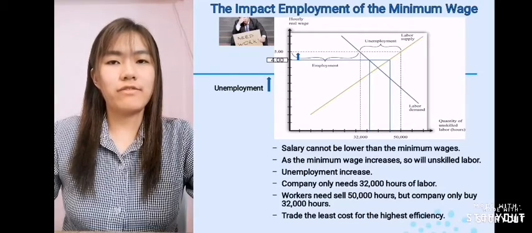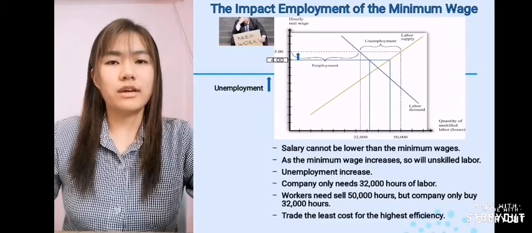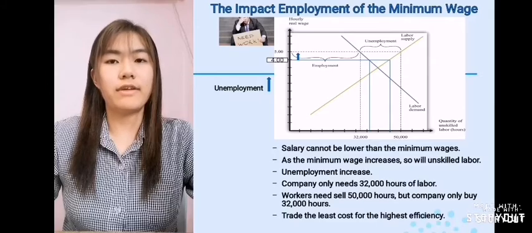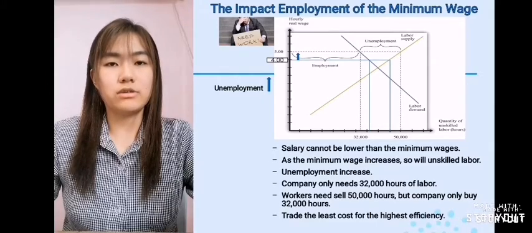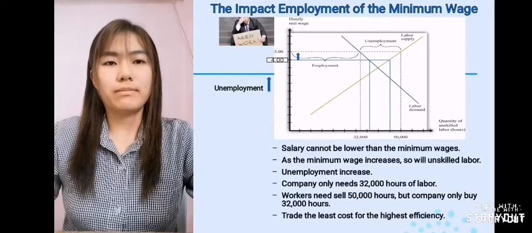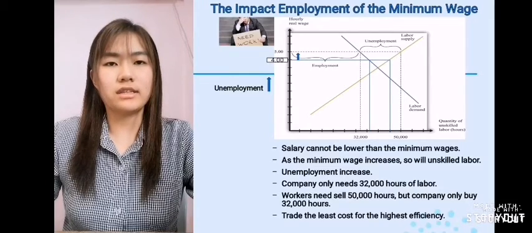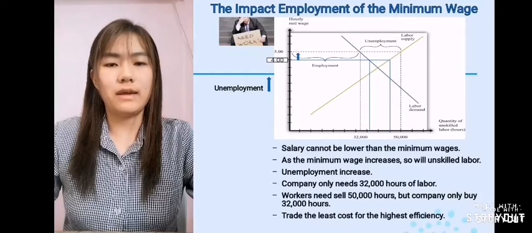About 215 people work 14 hours a week and their wage increased from 4 ringgit to 5 ringgit, but the company only wants to buy 32,000 hours of labor.